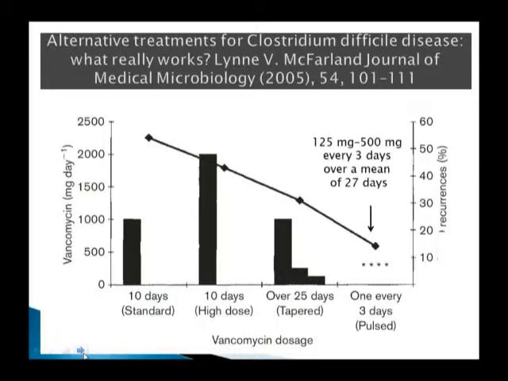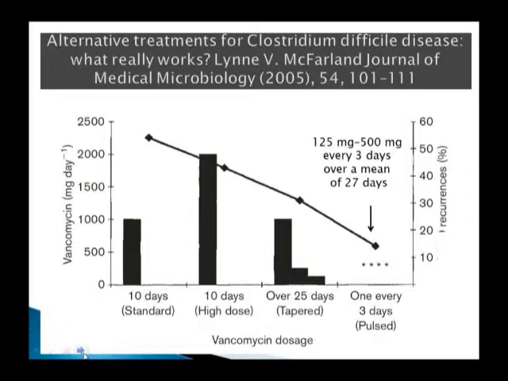Remember I mentioned that there's a high recurrence rate with Clostridia. The problem has been that I don't think we've been treating it correctly in years past, and we get a rebound effect.